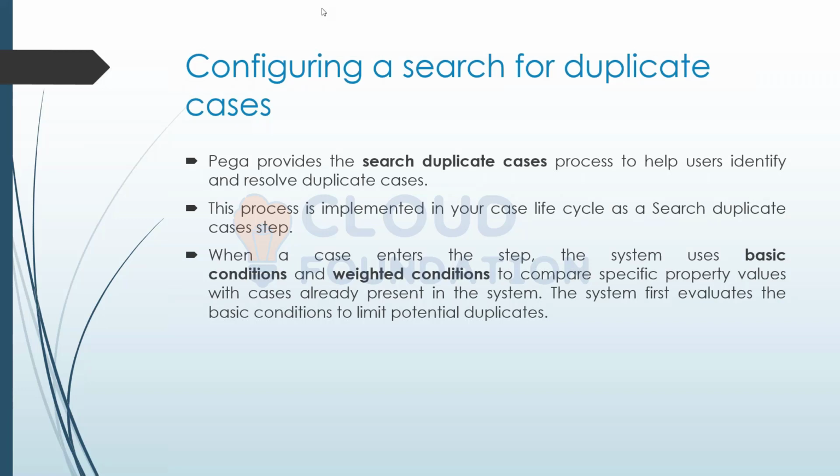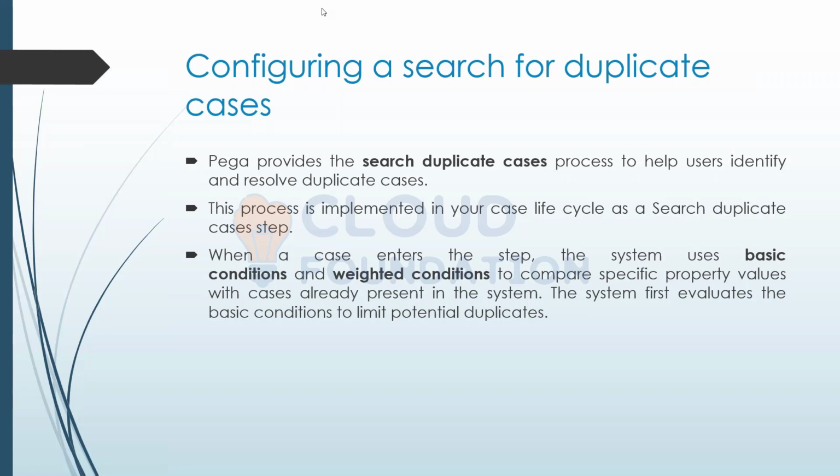Basic conditions are when the basic entities match, whereas weighted conditions give a specific weightage. For each matching entity, a weightage is added, and then finally it is correlated against a standard weightage that you mentioned.